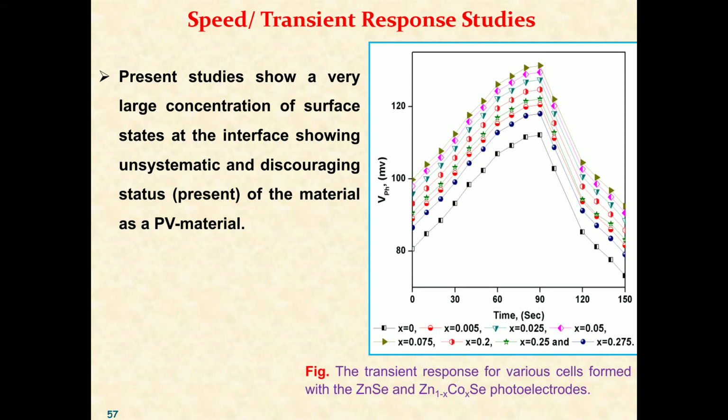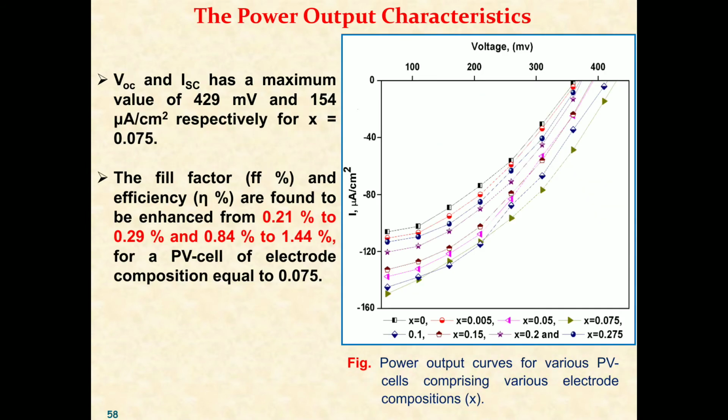The rise and decay of VOC with time were studied for the speed response studies, and this plot shows a slow rise and slow decay as a consequence of a large concentration of surface states at the interface. An input intensity of 13.4 milliwatt per centimeter square was used for power output characteristics.